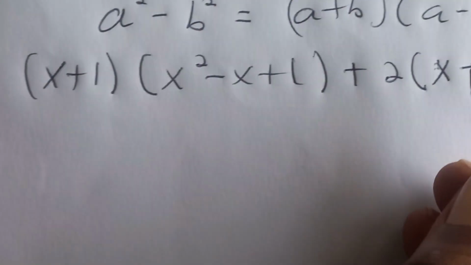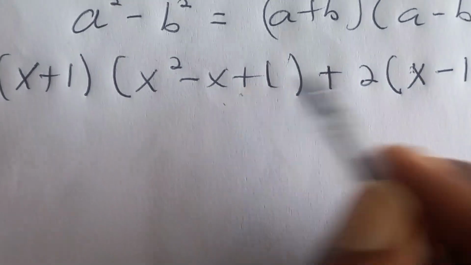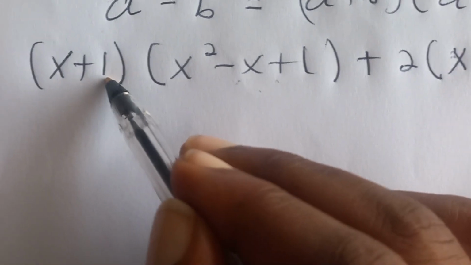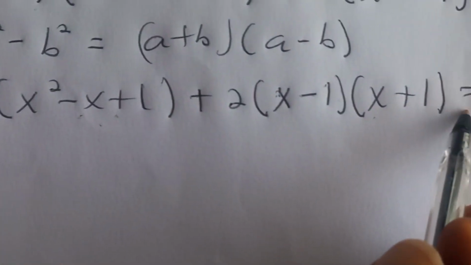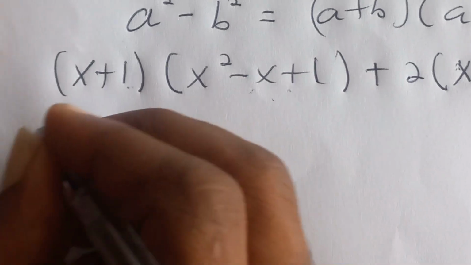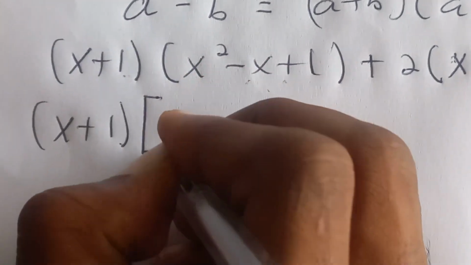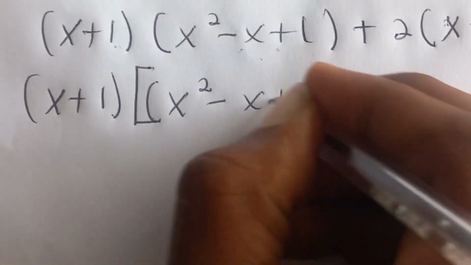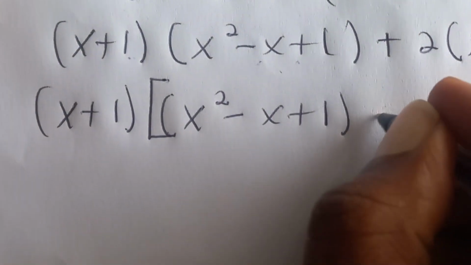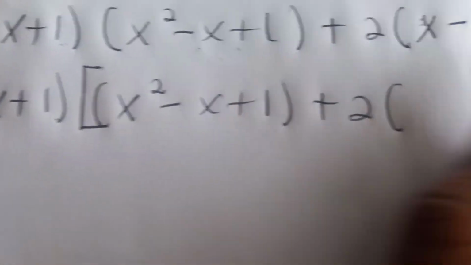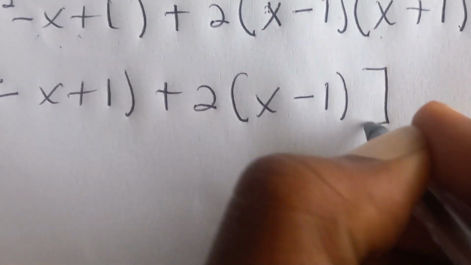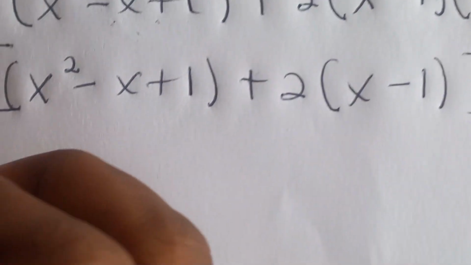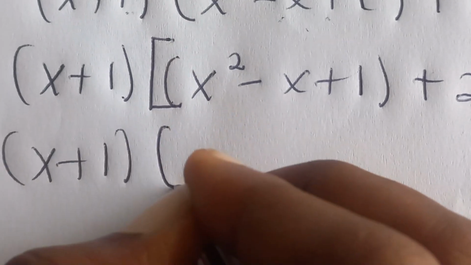Now, looking at these terms, you can see that we have x plus 1 in common. So we can factorize x plus 1 out, and then into a square bracket, we have x squared minus x plus 1 bracket close, then plus 2 into x minus 1 bracket close, and it's equal to 0. Okay, so we are going to get x plus 1 into bracket.